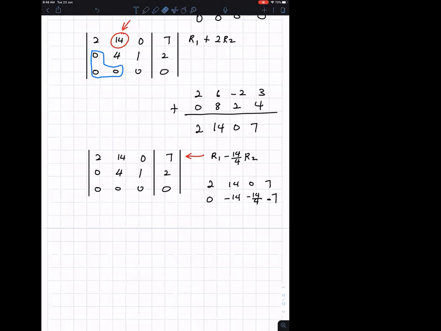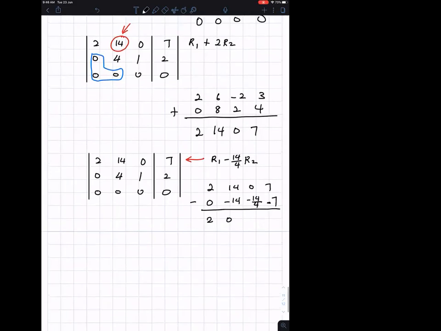I don't know if I'm doing this correctly. Please let me know if there's any algebra problem. So subtract: 2 minus 0 is 2. 14 minus 14 is 0. 0 minus 14 over 4 is 14 over 4, which is 7 over 2. And this is 0.